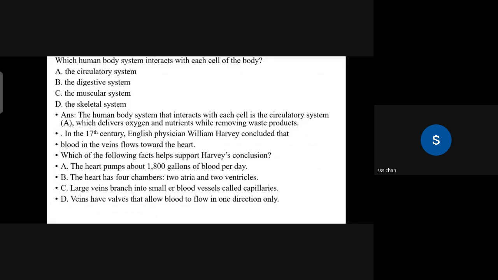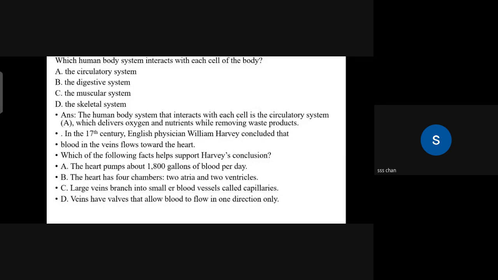So it is the only system that touches each cell of the body. Without the circulatory system, cells cannot receive nutrients, cells cannot receive gases through diffusion and through the blood. Digestive system, no. The muscular system, no. The skeletal system, no. The answer is the circulatory system.